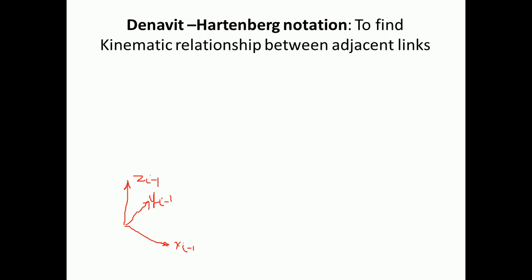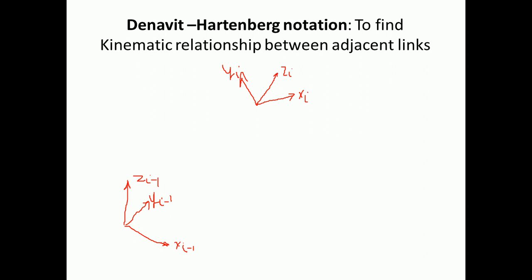Now after translation and rotation, this frame got a position over here, and this axis is represented by xi, this is represented by yi, and this is represented by zi. Okay.